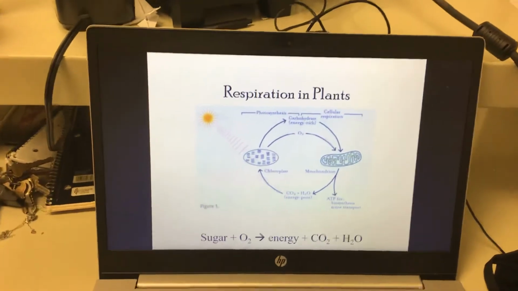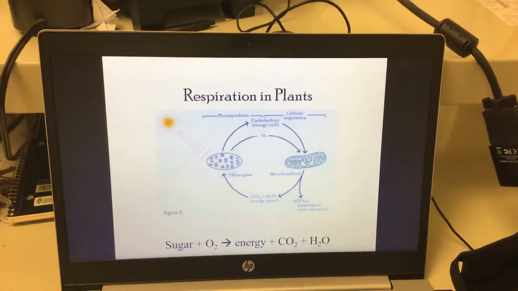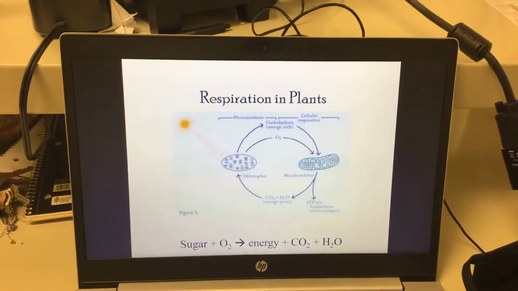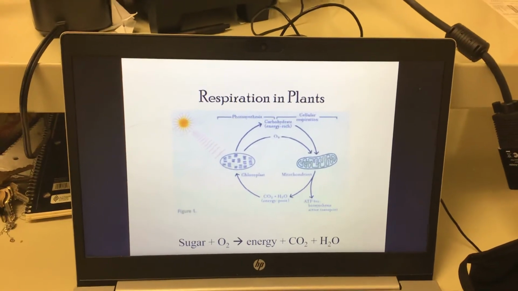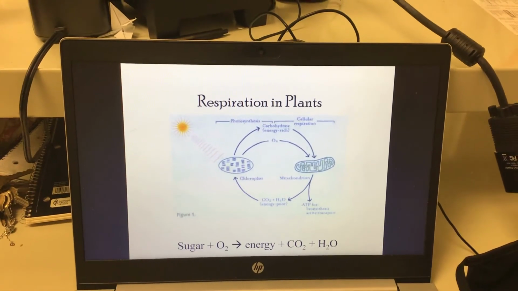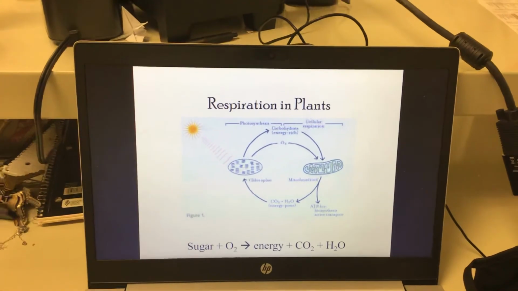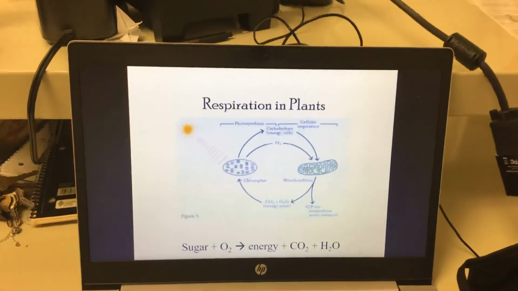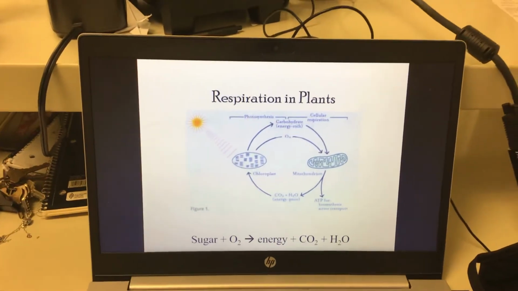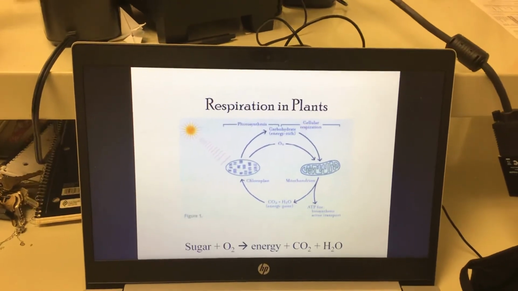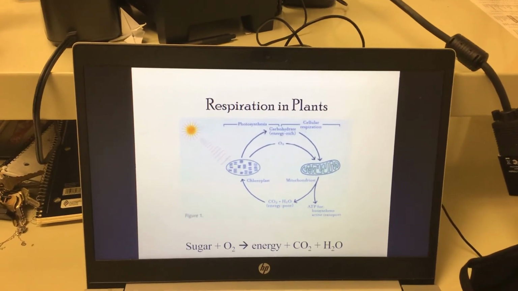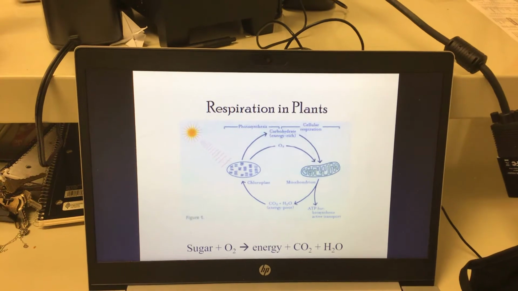So whether it's a plant or a human being or a goat or your dog or anything like that, we need sugar, we need oxygen. Okay, we eat our sugar, we breathe oxygen, and we're going to change that into energy, carbon dioxide, and water, which are waste.